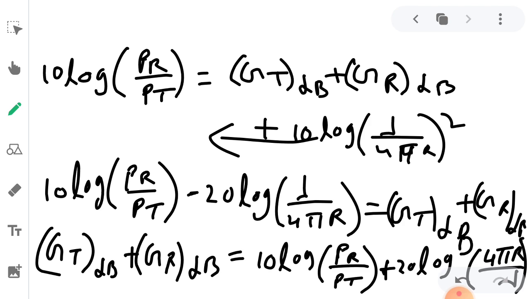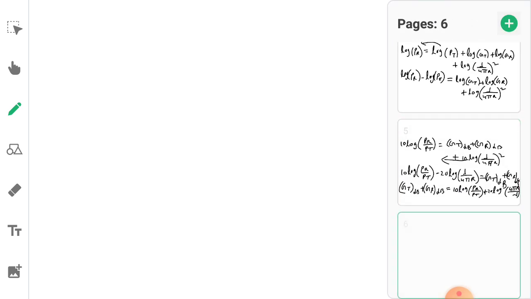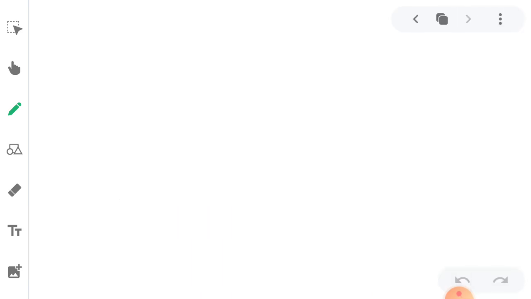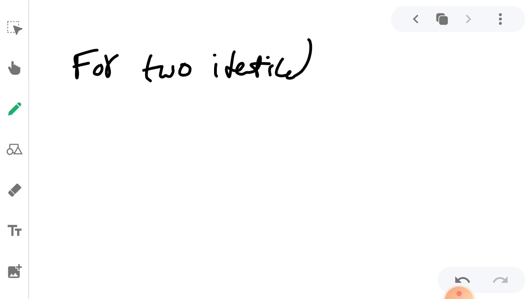Right. Now suppose we consider initially that the two antennas are identical. For two identical antennas, this method basically depends on this, that the antennas which we take for transmission as well as receiving, both are going to be having the same gain.